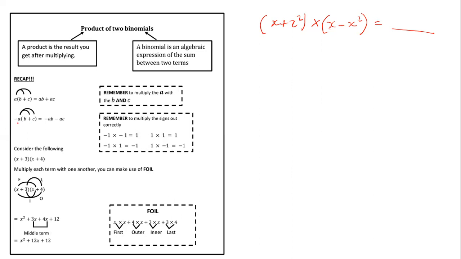Again, when we have a negative A, just like this, remember B plus C is an example of a binomial. So when you multiply this binomial by negative A, the product that we're going to get is this product over here. So that means we're going to multiply inside of the bracket with negative A. So when we say negative A multiplied by positive B, we're going to get a negative AB.